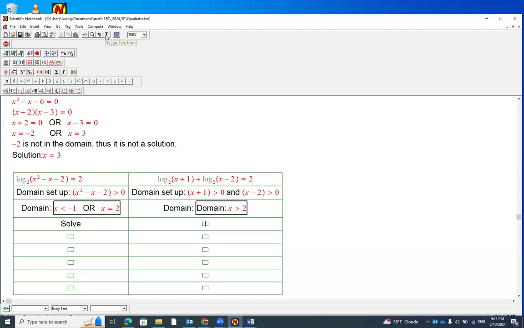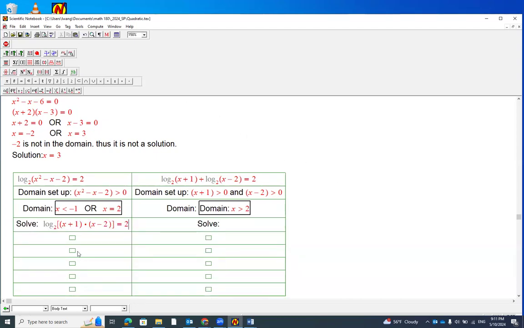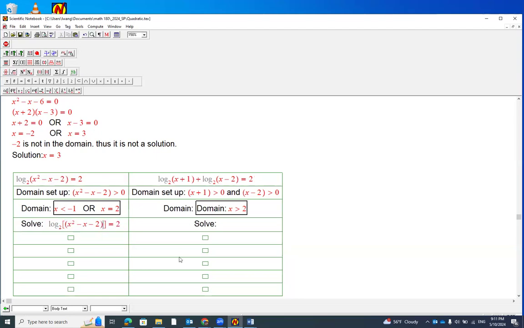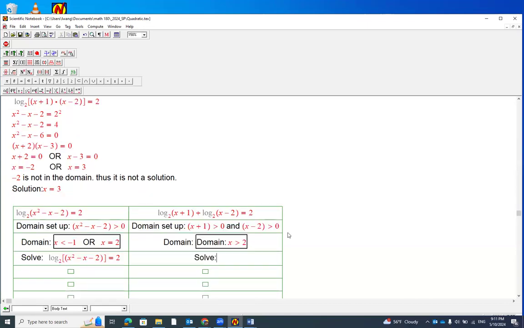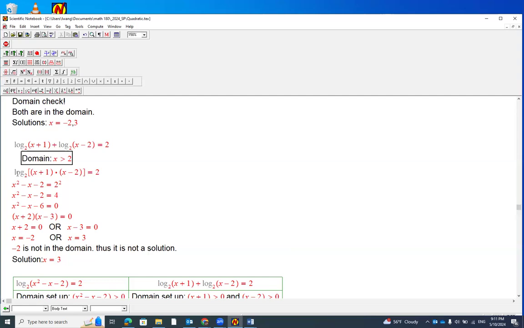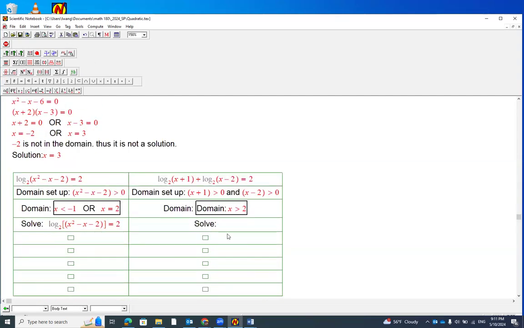Where actually one applies the product rule. This one, we don't need to do anything. You can just leave it like that. The other one, you apply the product rule.